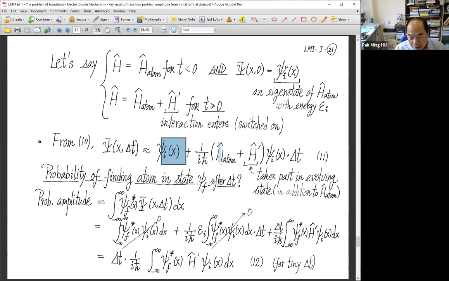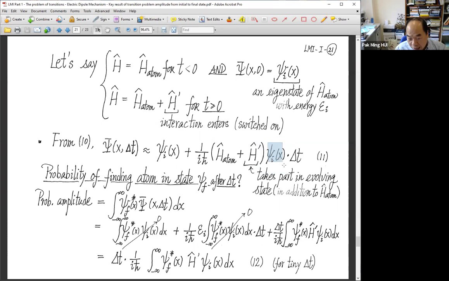That is to say, the atom part will not take it to somewhere else usually, right? Then it must be this part that operates on the initial state, an eigenstate of the atom, that will create a new state, right?